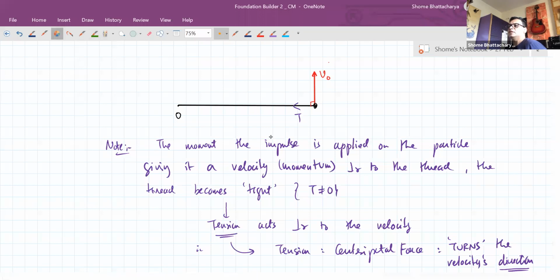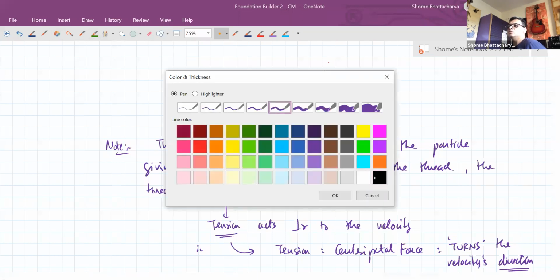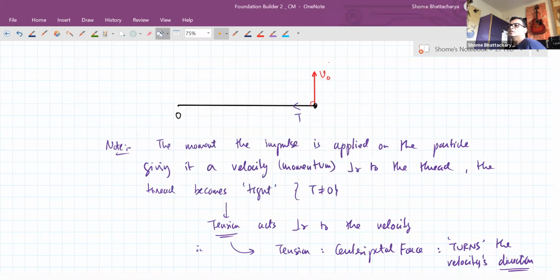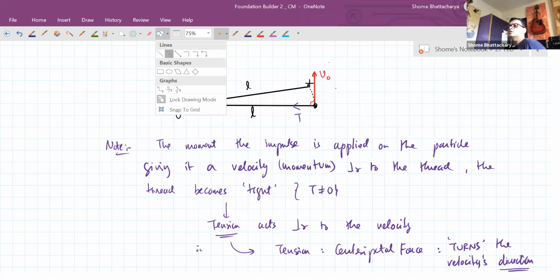So a moment later, the particle will have gone from this state to a state like this. The thread's length remains constant, so the particle is forced to go in a circular path, where the direction of its velocity is changing because of the tension acting perpendicular to the velocity vector.